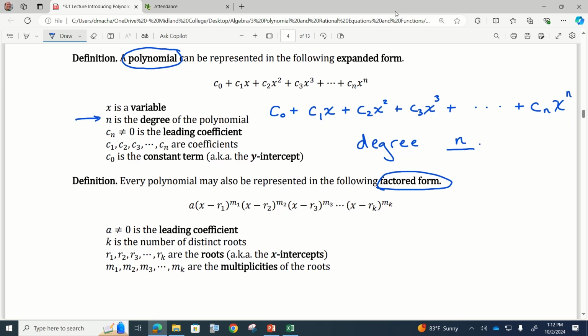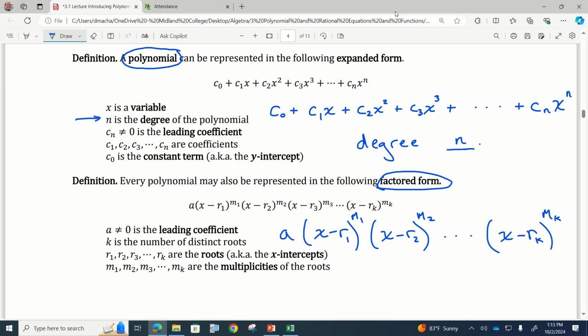And the way this looks in factored form is you've got your leading coefficient times x minus your first root to the power m1 times x minus your second root to the power m2 dot dot dot x minus your last root raised to the power mk.